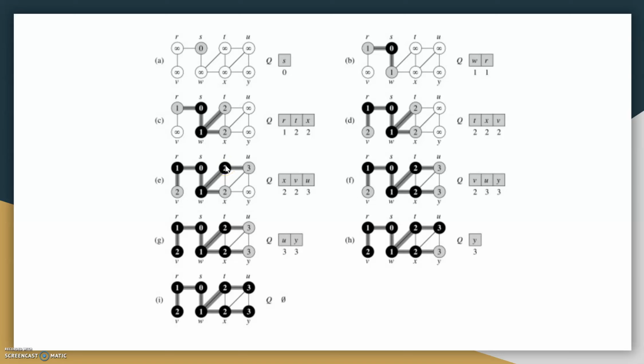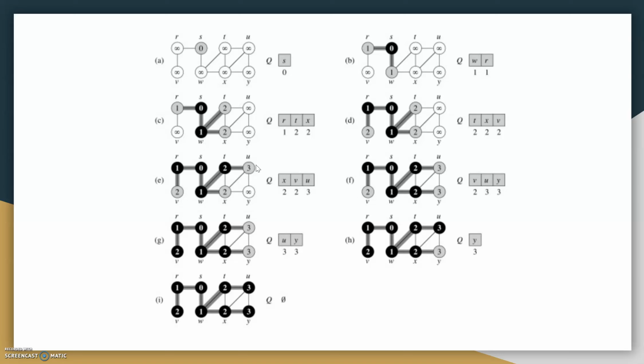T can reach U, and X was already reached by W at the same time as T, so you don't need to reach X from T again. You can only reach U from T, and it will be marked 3 because that's the next one being visited.